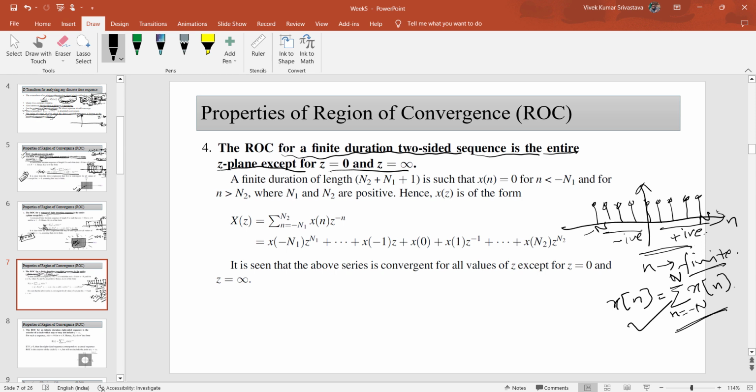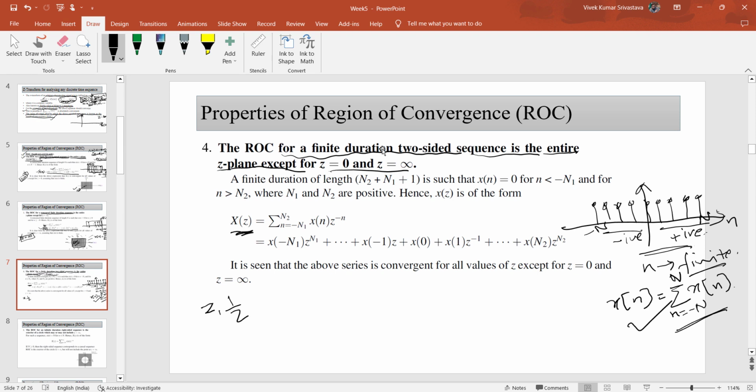For this expression once you evaluate the z transform you will get the z transform as x of minus n1 z raised to the power n1 plus dot dot dot x of minus 1 z plus x of 0 plus x of 1 z raised to the power minus 1 plus dot dot dot x of n2 z raised to the power minus n2. Okay, so here you can see that it contains both the term z as well as 1 over z.